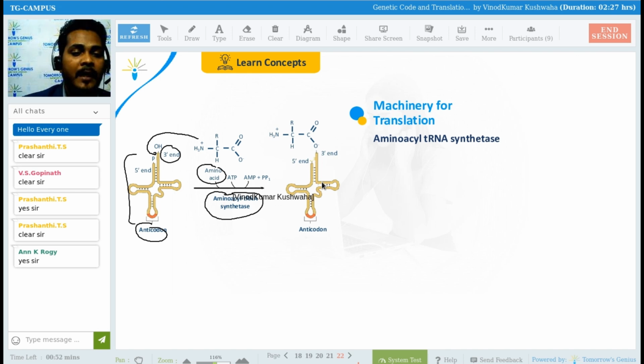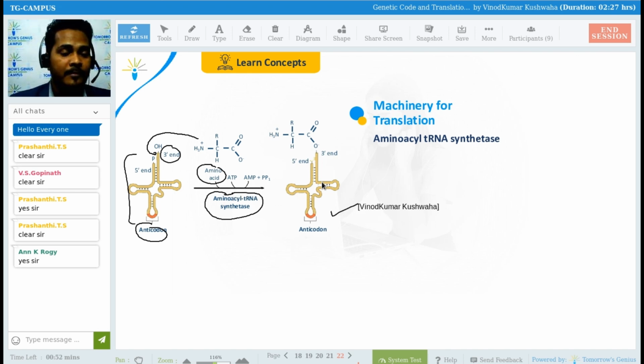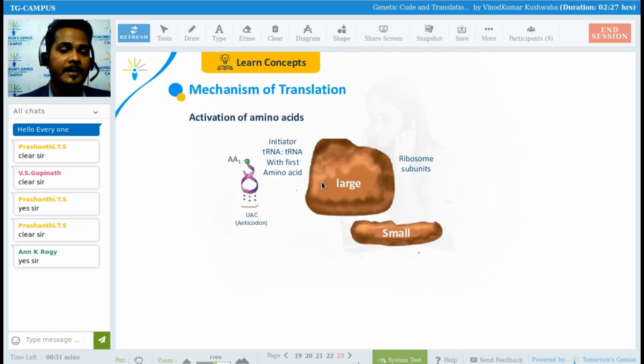With the help of this enzyme, it is going to be charged. Now it becomes activated, and once it is activated, it is going to bind with the mRNA. So these are the enzymes required to become activated. This is the initial stage of the requirement of protein translation.